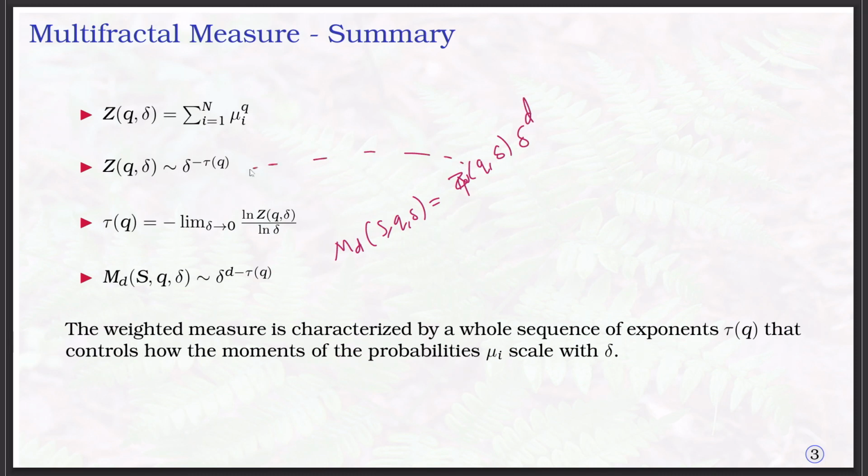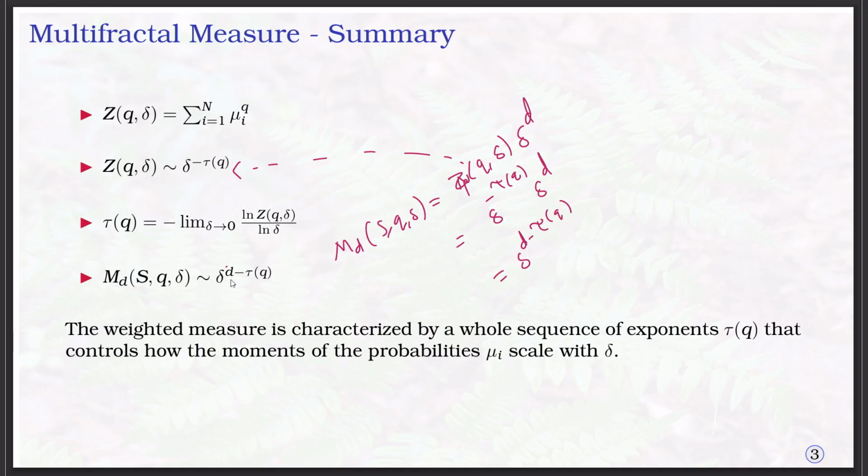If this is associated with this number, then we can write this as delta power minus tau q into delta power d. So here you get delta to the power of d minus tau q.